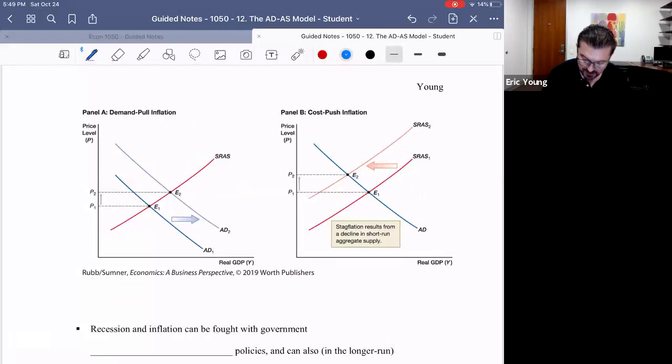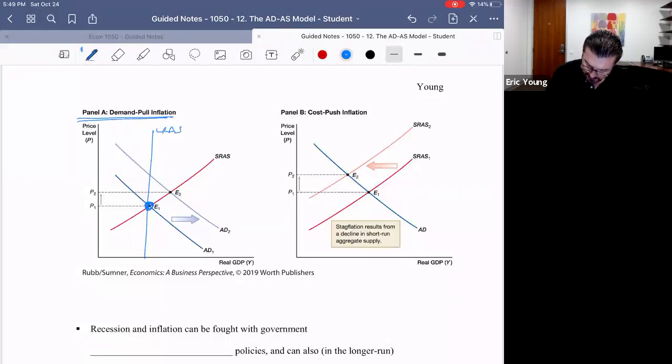Same idea in graphs. Let's start with panel A, demand pull inflation. We're starting off, and they didn't put it here, but we can add it in. We start off right here at long run equilibrium. We'll put LRAS here. So we have here long run equilibrium. Everything's beautiful. Then something happens.